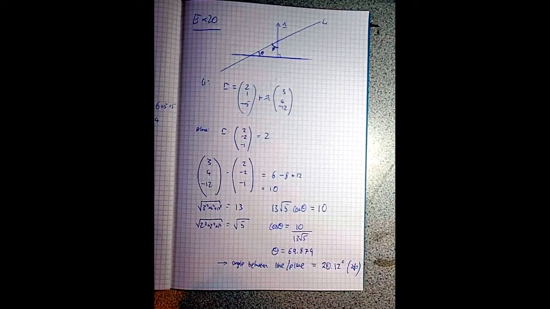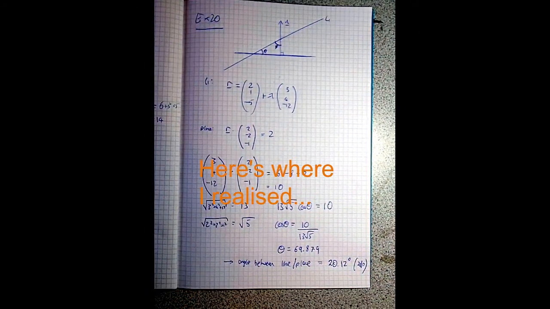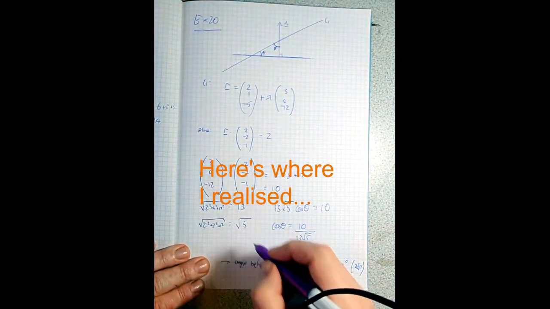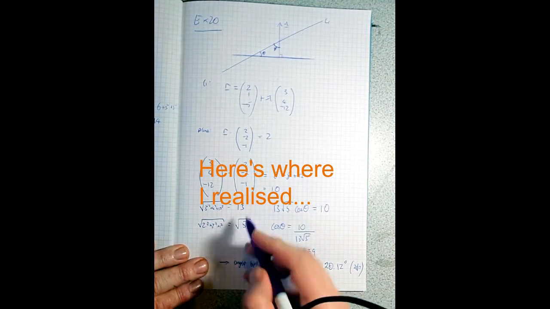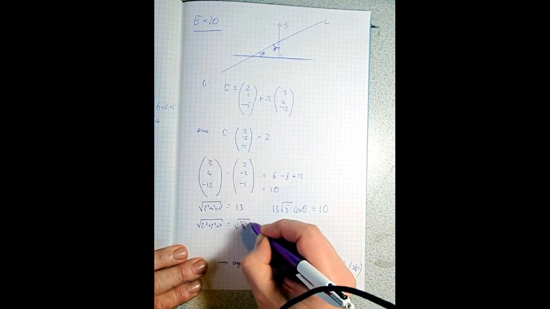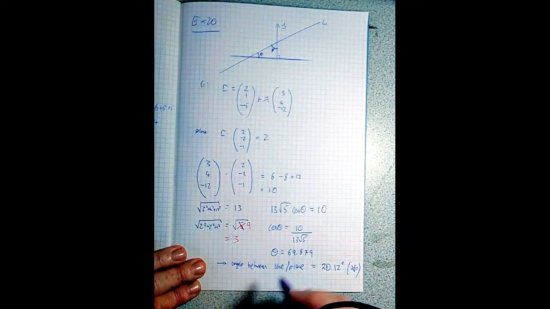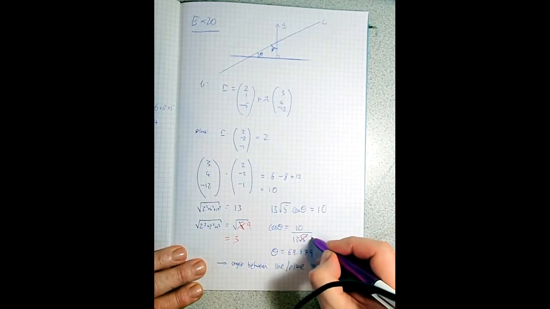Now that's not what they got in the book. Hold on. Oh, look at that. What an idiot I was. I'm going to fix it rather than do this again. Of course it's not root 5, is it? It's root 9, which is 3. So it's going to be 13 times 3.